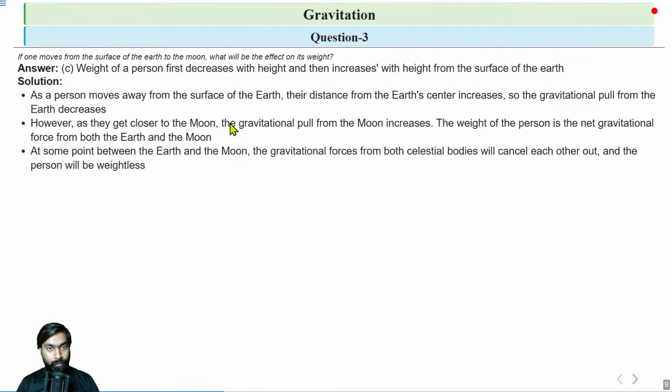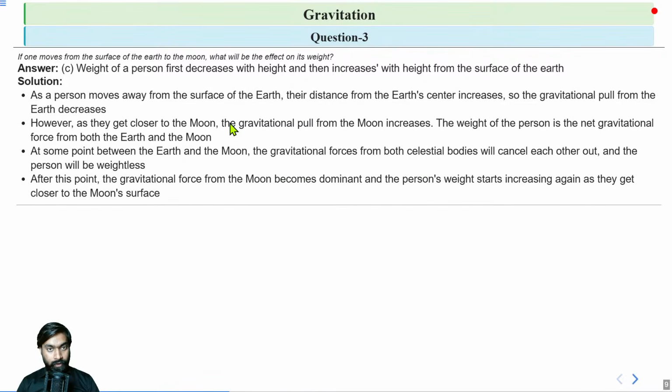At some point between the earth and the moon, the gravitational forces from both celestial bodies will cancel each other out and the person will be weightless. After this point, the gravitational force from the moon becomes dominant and the person's weight starts increasing again as they get closer to the moon surface.